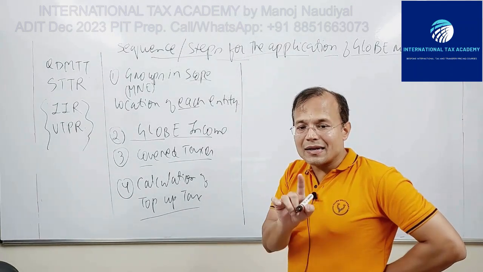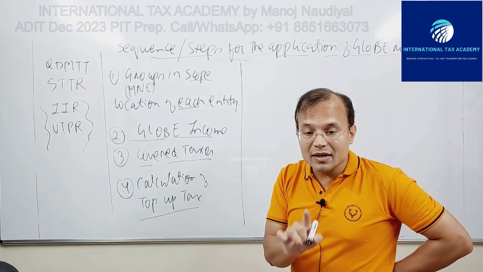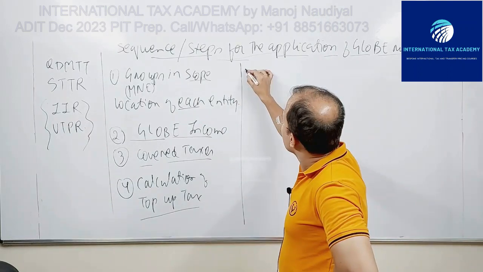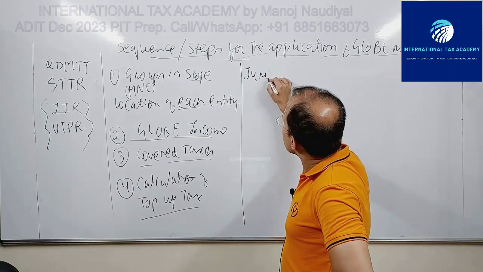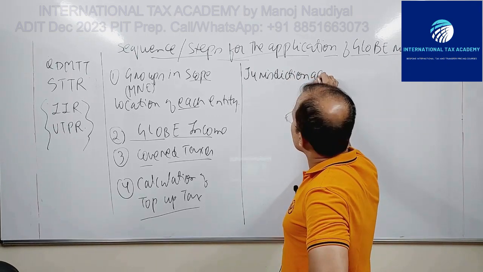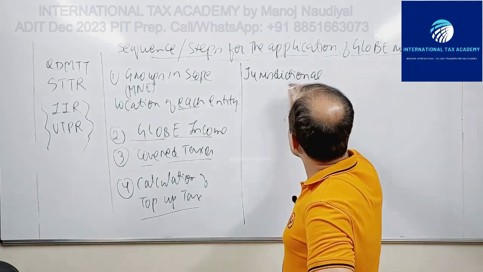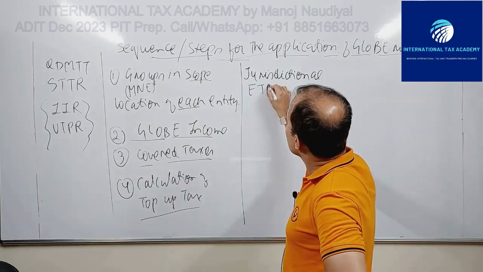This begins by calculation of a ratio which is known as jurisdictional ETR. That is country based, country specific. ETR is effective tax rate.